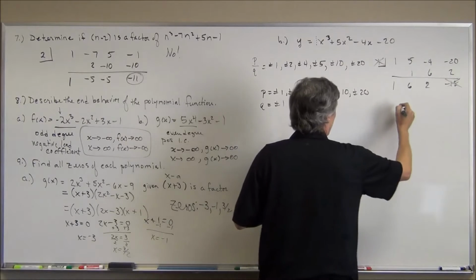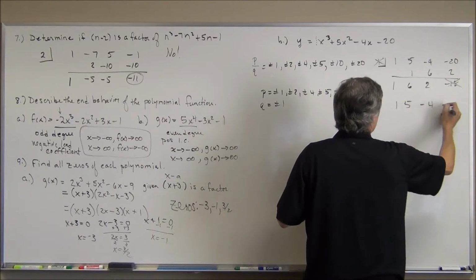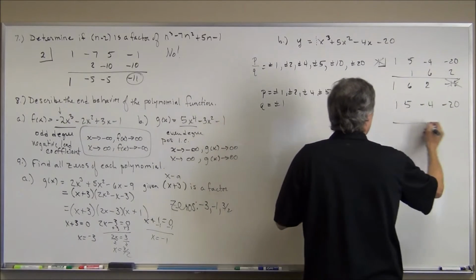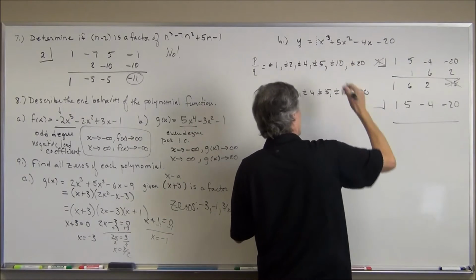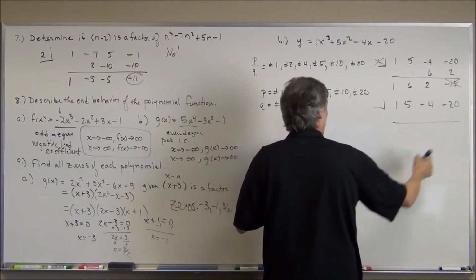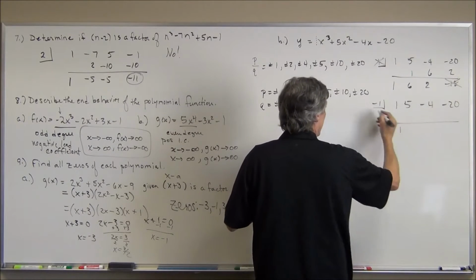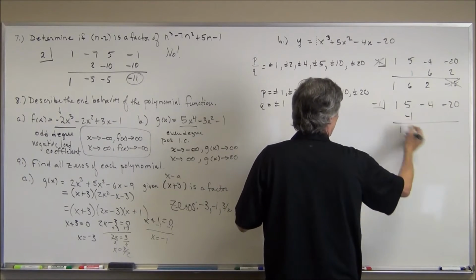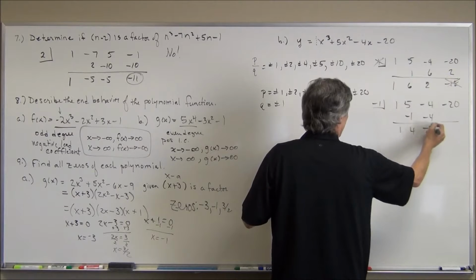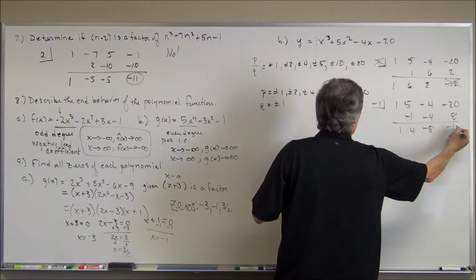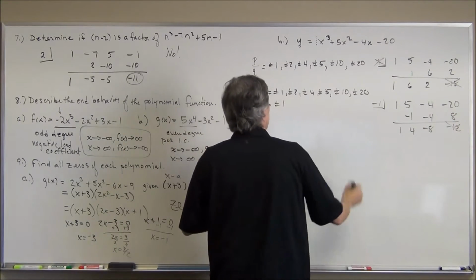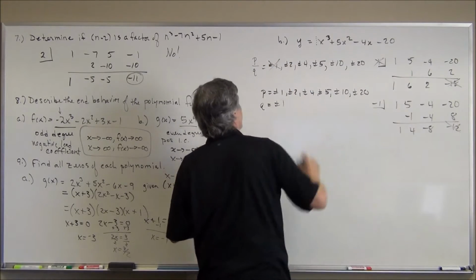Let's try negative 1. And believe it or not, this is what you have to do. You just exhaust all the possibilities until hopefully you find one that gives you a remainder of 0. So let's try negative 1. That's 1, that's negative 1, that's 4, that's negative 4, that's negative 8, that's positive 8, that's negative 12, and that's no good.